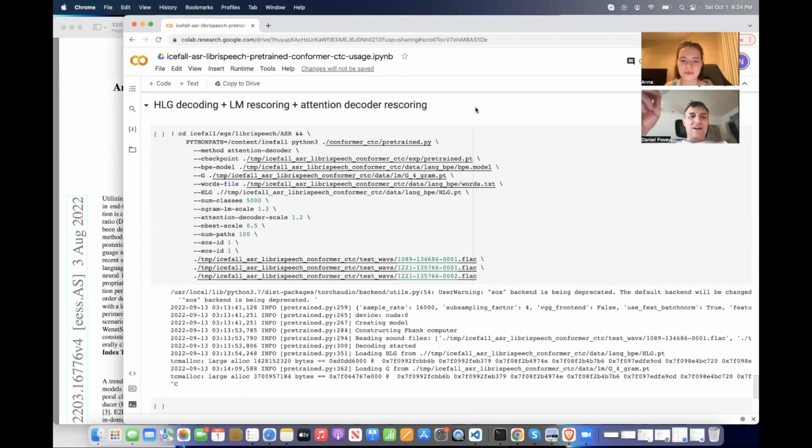This is kind of an issue if you do attention decoding in ESPnet, it's super slow. So this is way faster than that. I don't know if the performance is quite as good as if you did attention decoding step by step, but it's very close, and it's way faster.